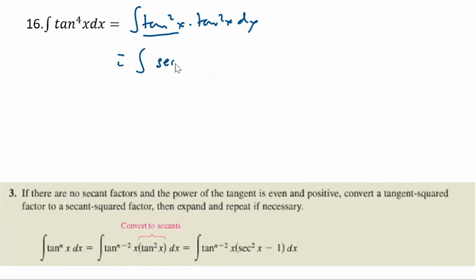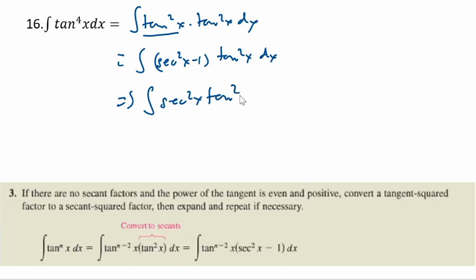So we can write now secant squared x minus 1 times tangent squared x dx. Using the distributive property, we can write now the integral of secant squared x times tangent squared x minus tangent squared x dx.